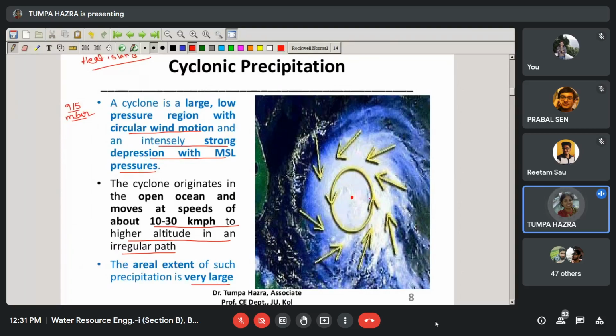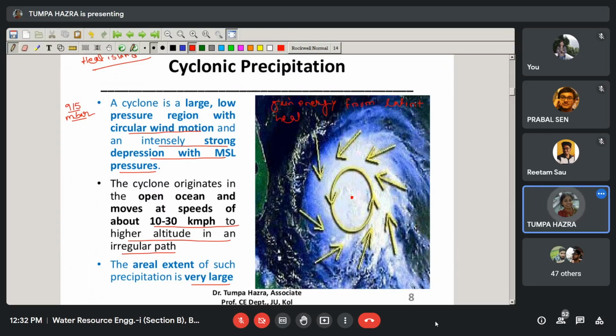Now, after forming in the open ocean, whenever it moves over the ocean, it gains energy from the ocean, from the water, from latent heat. Okay, latent heat.